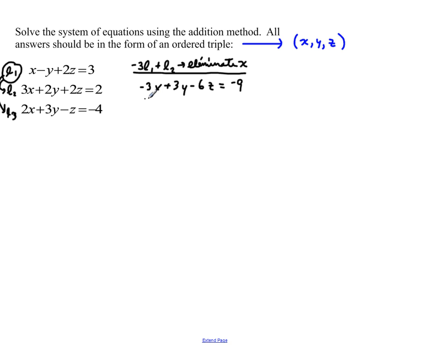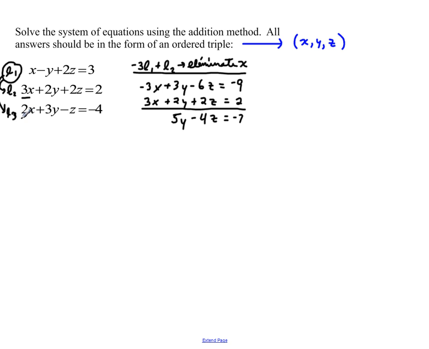So we're going to take 3x plus 2y plus 2z and set that equal to 2 here and add these two together. Now we know that the x term will drop out when we add them. We have 5y minus 4z is equal to -7.